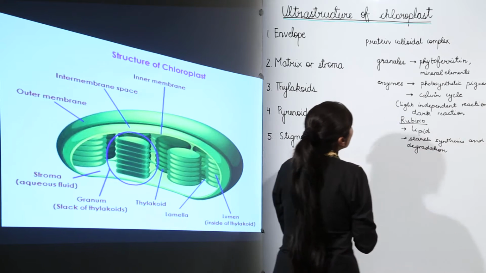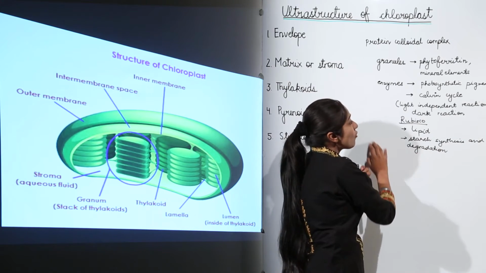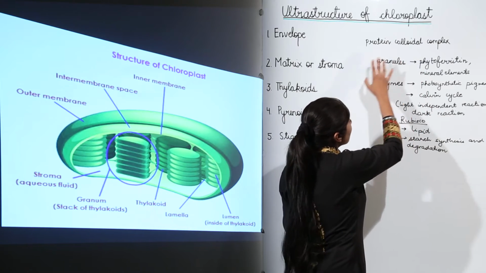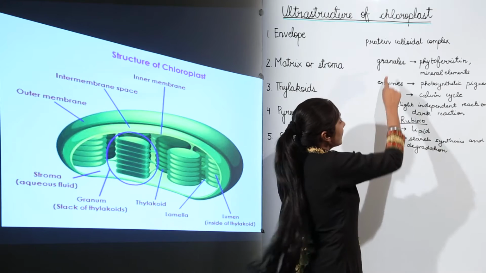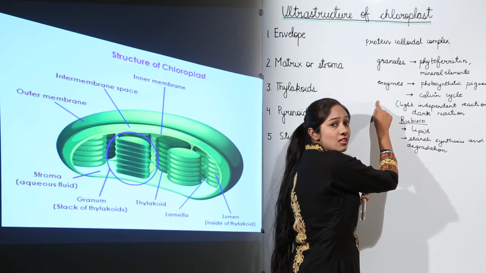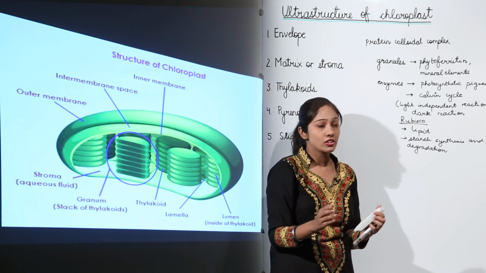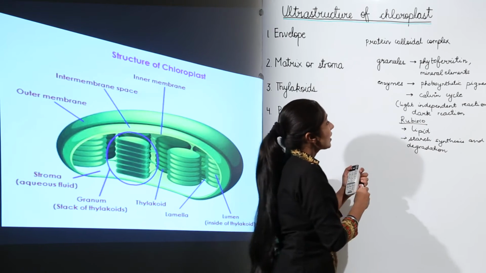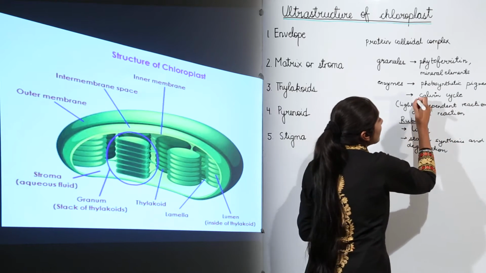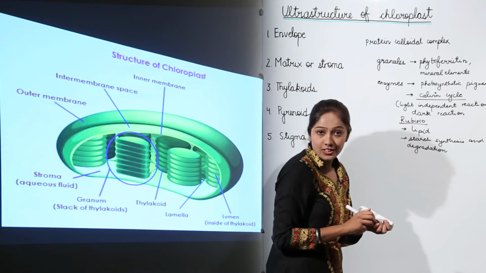So this is how the enzymes perform very important functions in the chloroplast. The granules are present, the enzymes are present, and the enzymes mostly perform the synthesis of photosynthetic pigments and the Calvin cycle, which we will discuss later on.